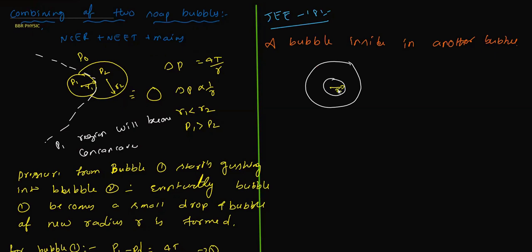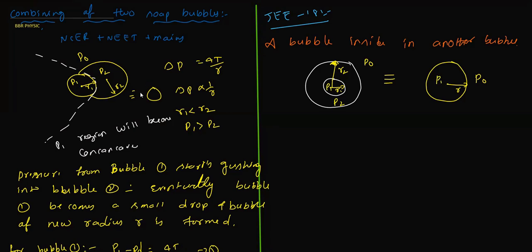The inside radius is R1 and the outside radius is R2. Inside pressure is P1, outside pressure is P2, and atmospheric pressure is P0. This bubble is going to expand into the outer one, and as a result a new bubble is formed whose radius is R and whose outside pressure is P0. They are asking about the inside pressure P1.